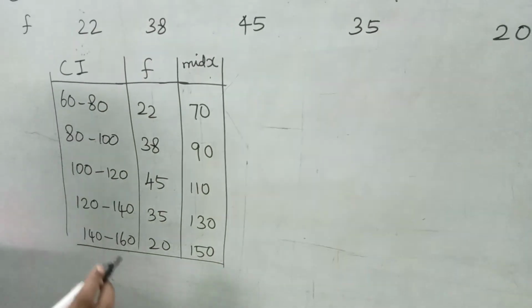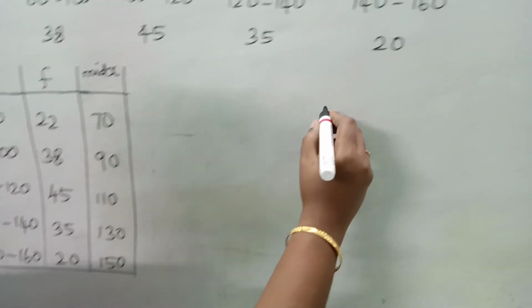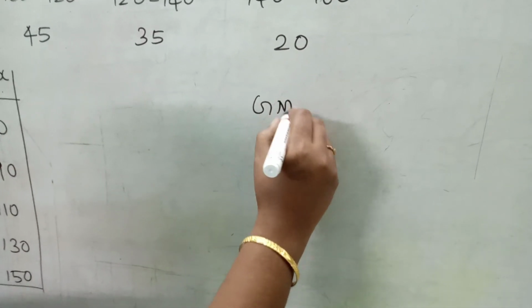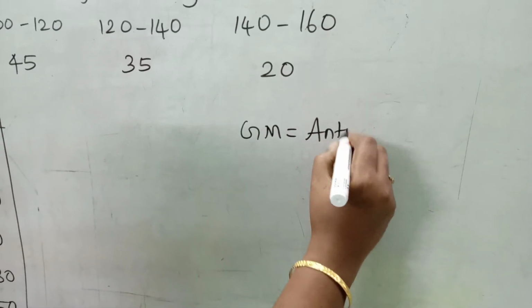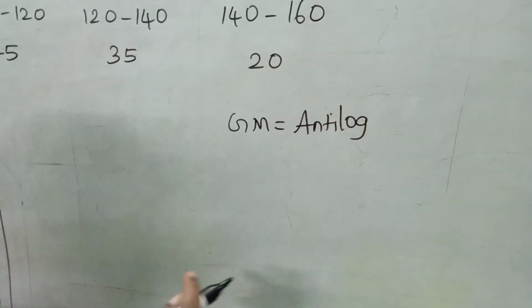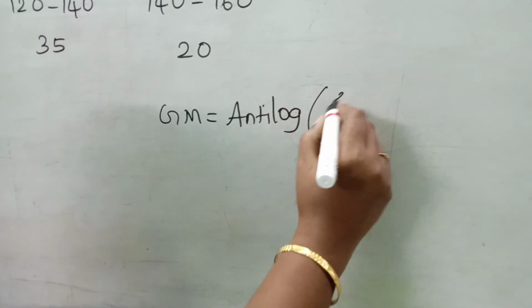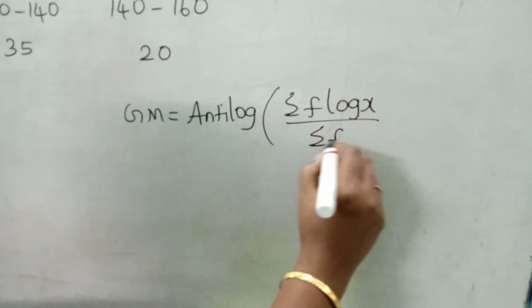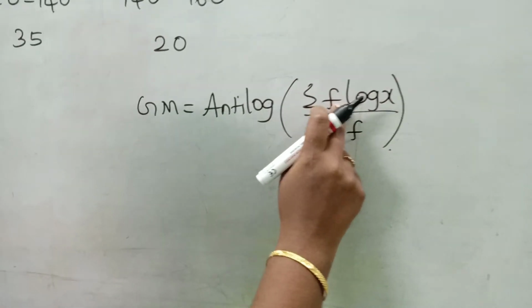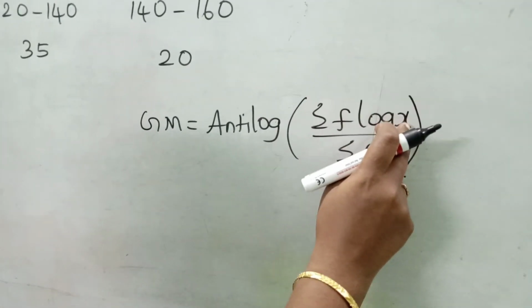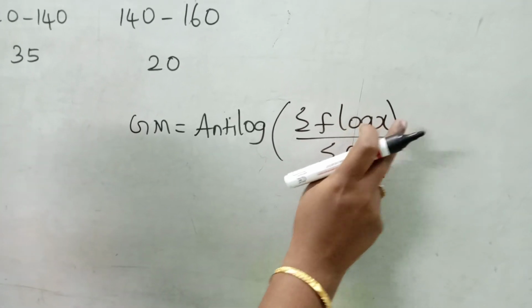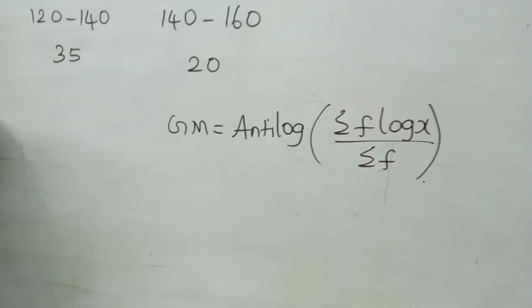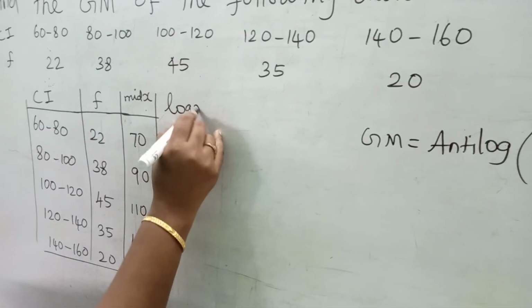We see the formula, then we continue the table. This is the formula for continuous data: GM is equal to antilog of sigma f log x divided by sigma f. I am going to multiply f into log x. Log x is the log of the mid x value.